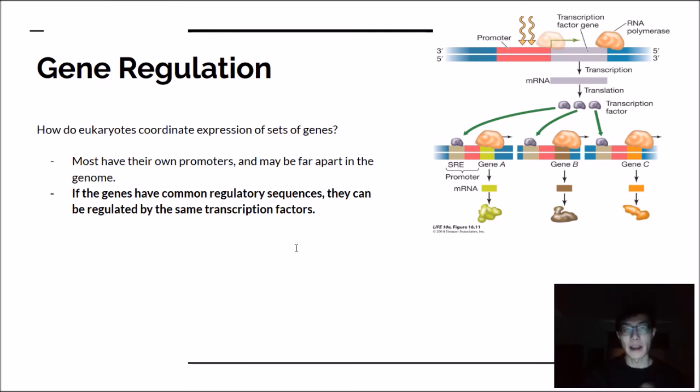So when it comes to eukaryotes, you can not just have specific genes being regulated by certain transcription factors, but you can actually have certain sets of genes that are going to be regulated either upwards or downwards by transcription factors as well. And this is going to be very critical for gene expression and allowing certain cellular fates.